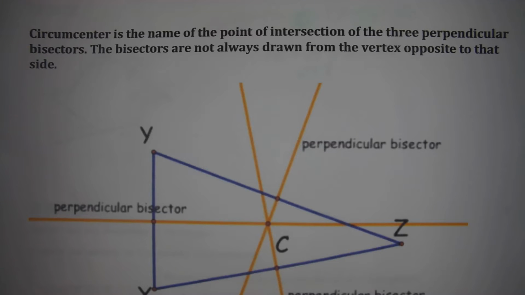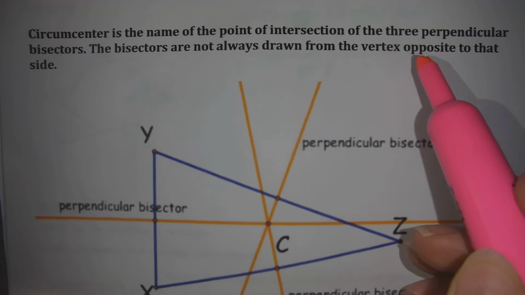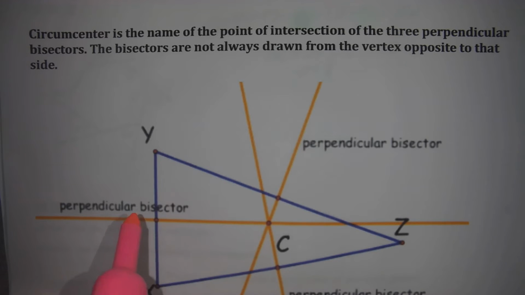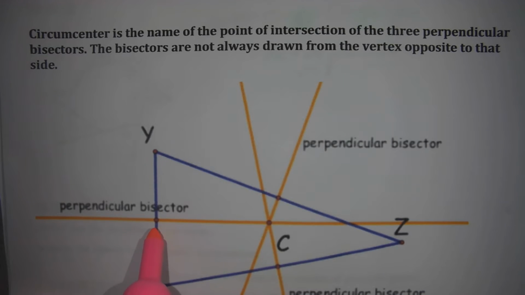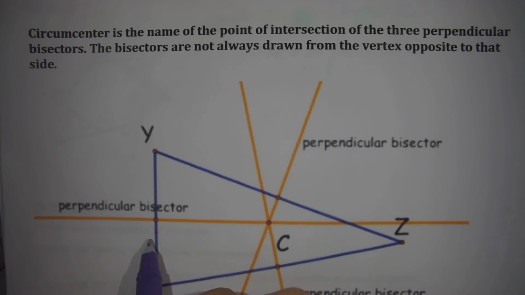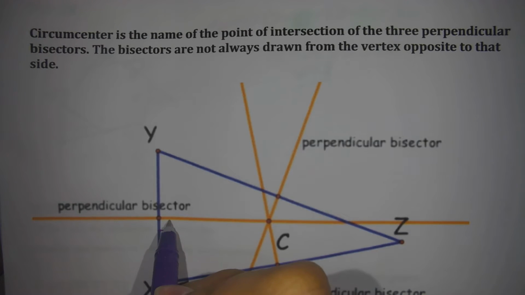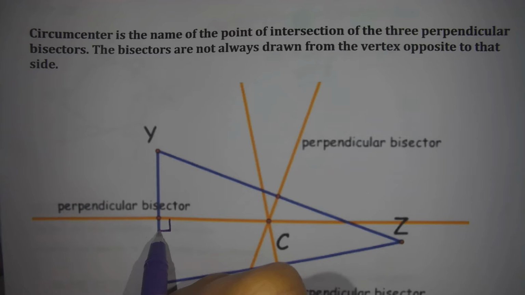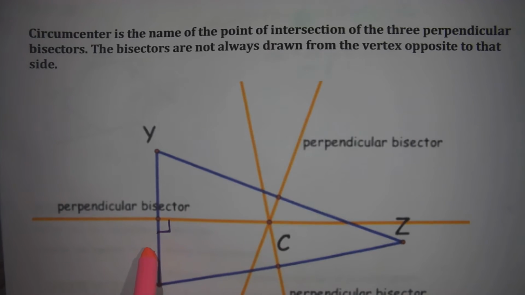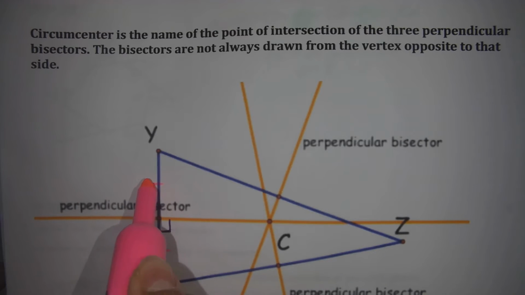All right, so rehash on circumcenter. Again, this is where three perpendicular bisectors are going to meet, and because they're perpendicular, you're going to have a right angle. So we do have a right angle right here, and it's bisecting the side, so this is congruent to this.